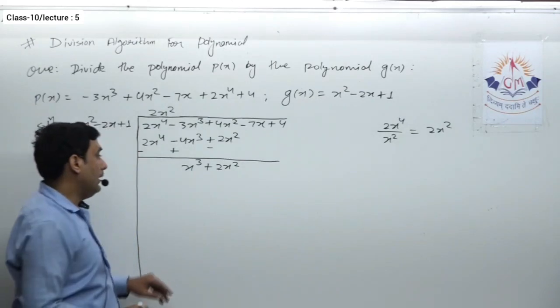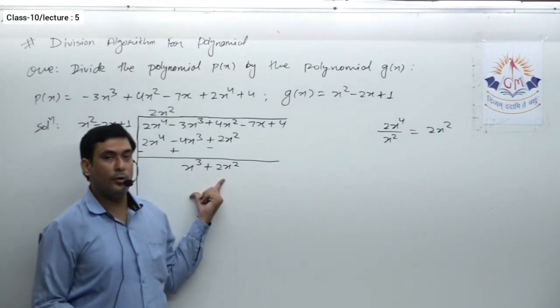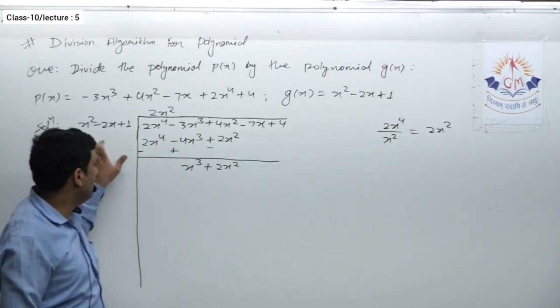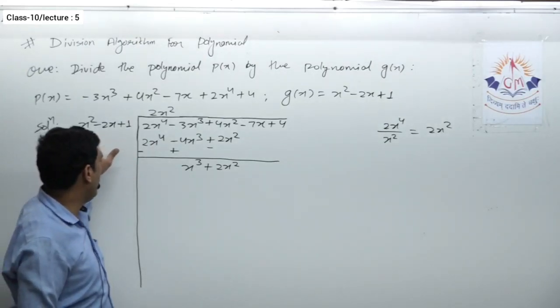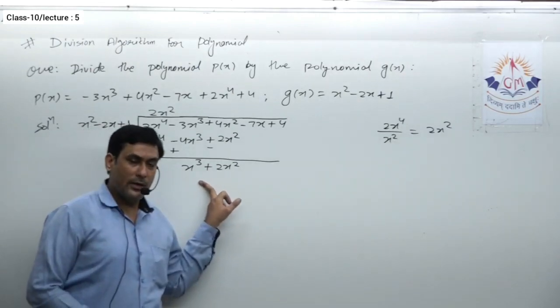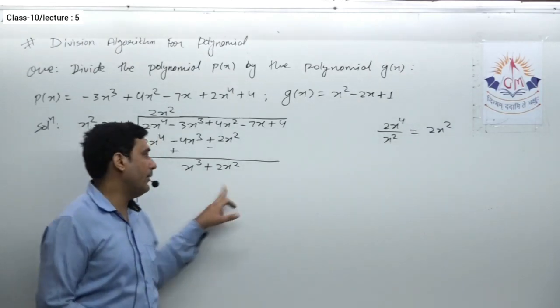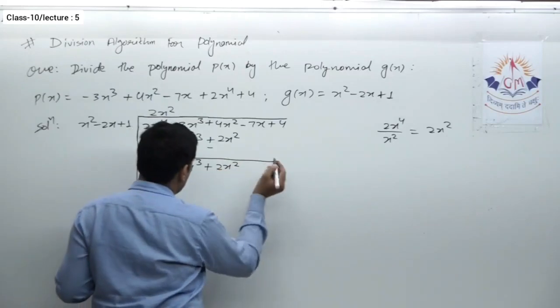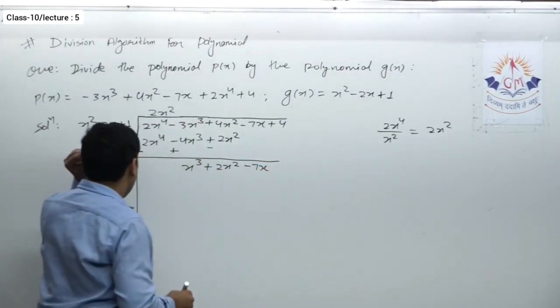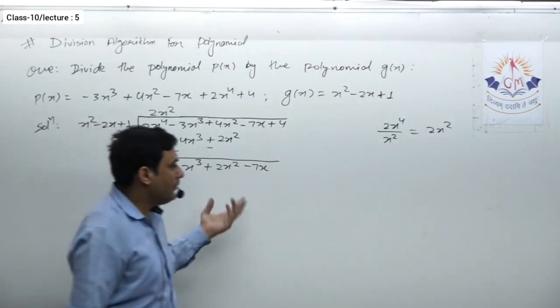Now as I told you, in the dividend polynomial, how many terms should be there? Equal to the terms which are in the divisor polynomial. So there are 3 terms in the divisor polynomial, so we must have 3 terms over here as well. So 2 terms are already there, so I will bring down 1 term, that is minus 7x, and then I will follow the same method.